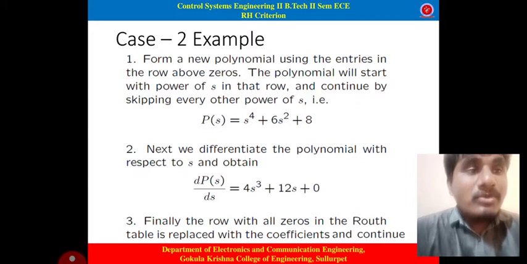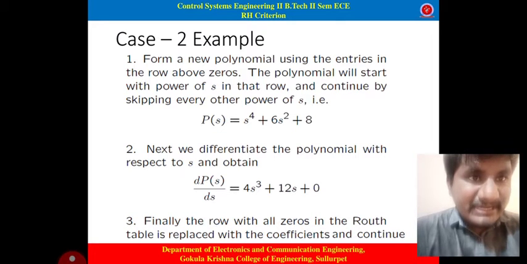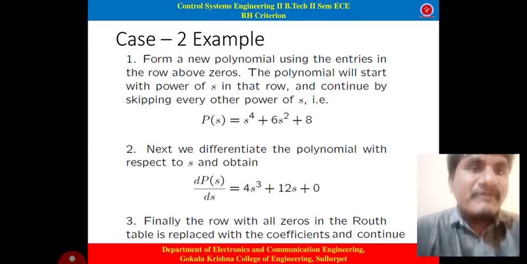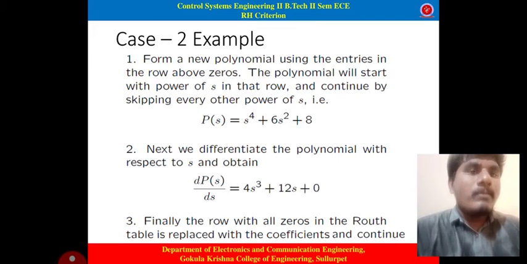Now you differentiate it with respect to s. When you differentiate, you get 4s cube plus 12s plus 0. Now in the row where you got all zeros, you write the coefficients from this particular polynomial.